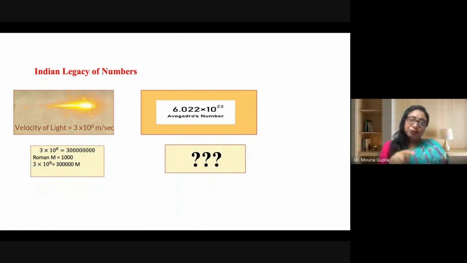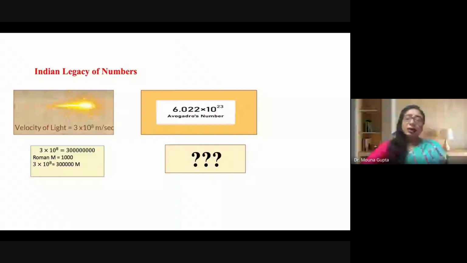Just write 3 into 10 raised to power 8 meters per second. You can see in the above figure we have written 3 into 10 raised to power 8 so simply. And if we have to write it in Roman numerals, we have to write M 300,000 times, because M is the biggest number they have.